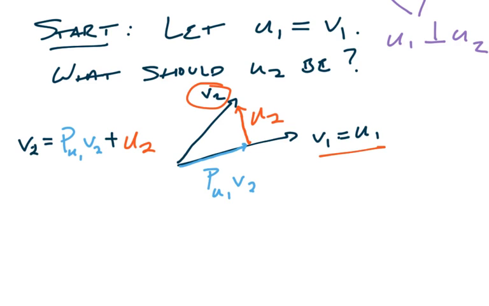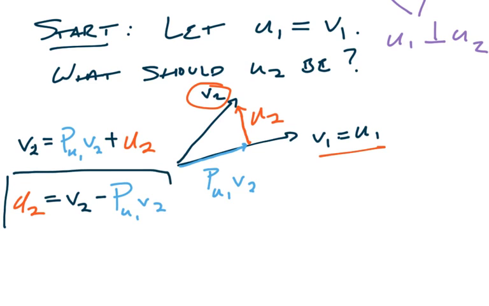In other words, if I solve for U2, U2 is going to be the original vector V2 minus its projection onto the first new basis vector, the projection onto U1, which is just the projection onto V1, but I want to call it U1 because this is going to be important for us moving forward. So this is our main formula right here. That is U2 for us.